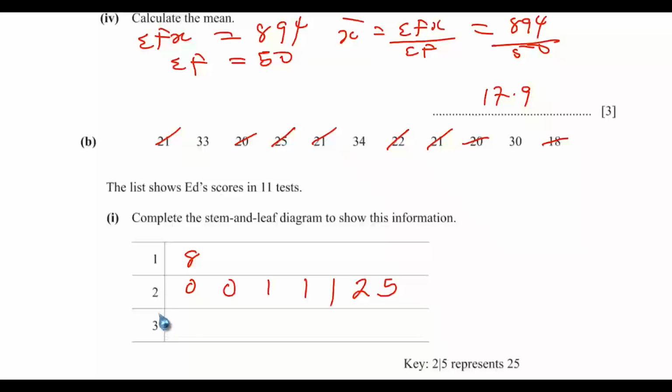So we are done with the 20s. Then next we have 30, that is 0 here. Then we have 33, that is 3 here. And we have 34, we have 4 here. So this will be the stem and leaf diagram.